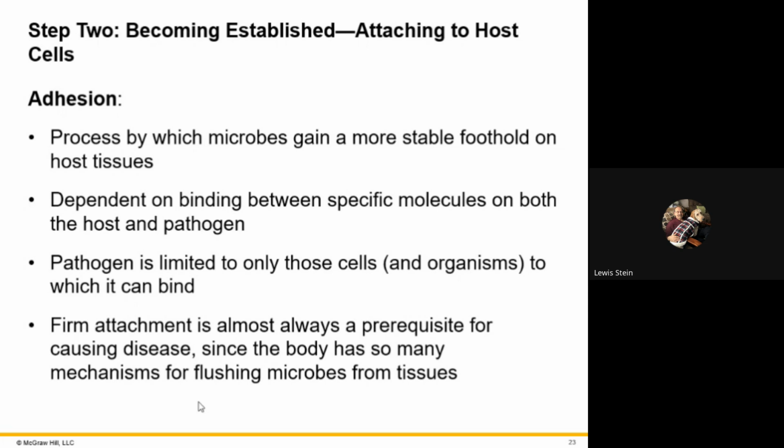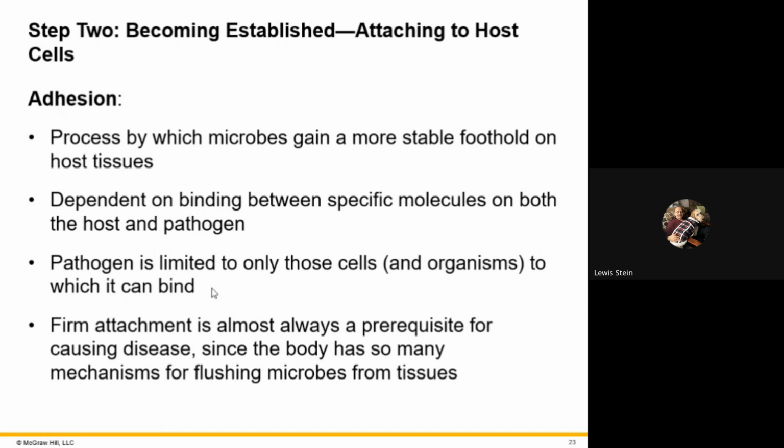Here's the adhesion. Microbes gain a stable foothold, and then once they adhere, they can begin to colonize and reproduce effectively. That's what gonorrhea does. It's dependent on a specific binding molecule, so it's only confined to certain cells. That's the limitation we're talking about, where a respiratory microbe couldn't necessarily adhere to skin.